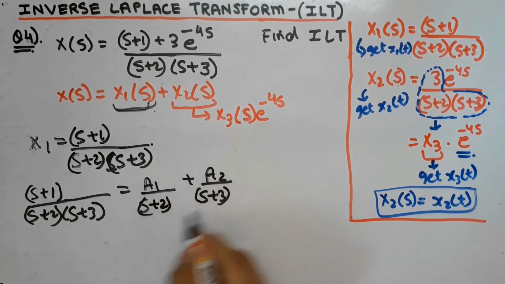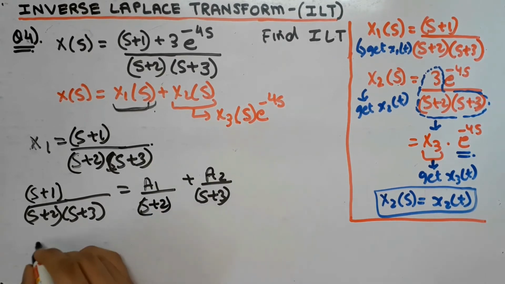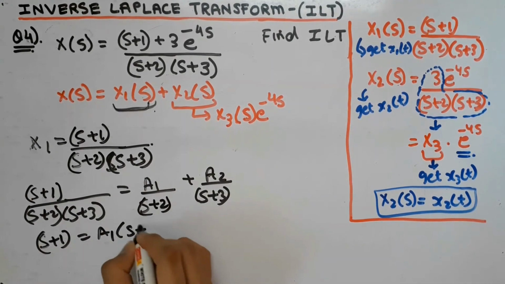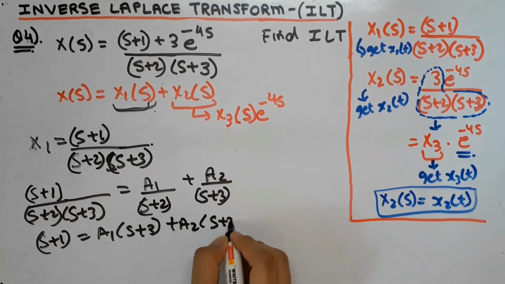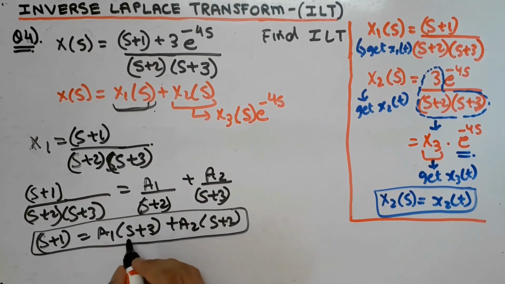Now we will simply solve this and you will cancel the denominators from the LHS and the RHS, and on doing that you will get s plus 1 is equal to A1 (s plus 3) plus A2 (s plus 2). Now in this equation we are going to substitute necessary values for s to get the values of A1 and A2.